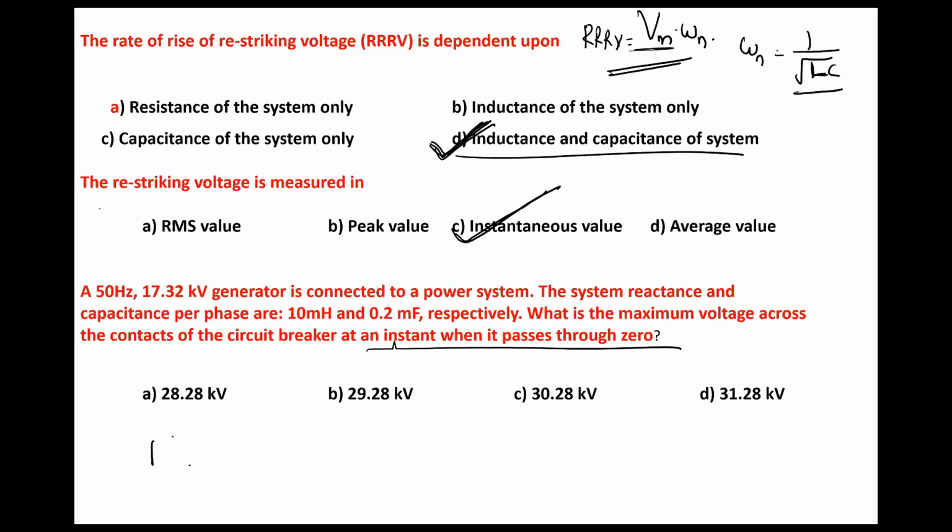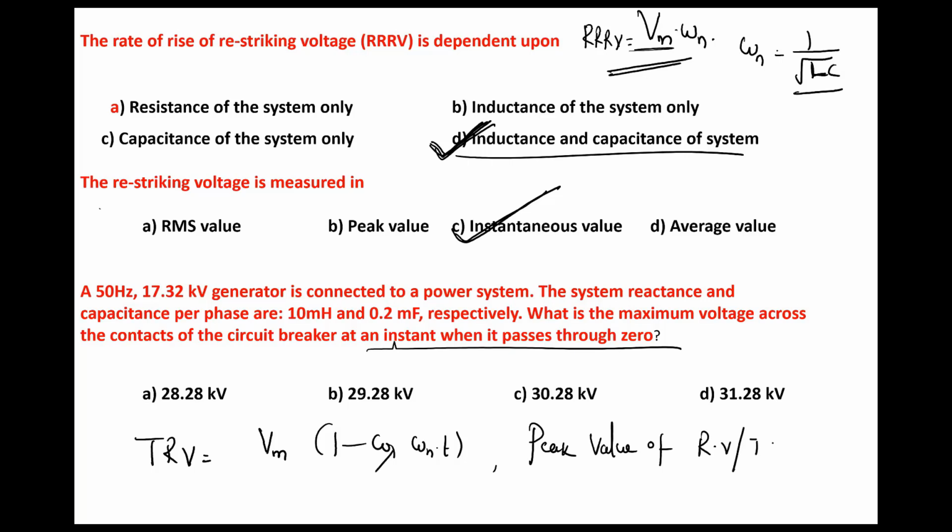So the voltage that appears across the circuit breaker poles is the transient recovery voltage, whose value is Vm into 1 minus cos of omega n into T. So the highest value of this transient recovery, peak value of restriking voltage or peak value of transient recovery voltage, both are same, that is 2 Vm. So we have to calculate this 2 Vm value.